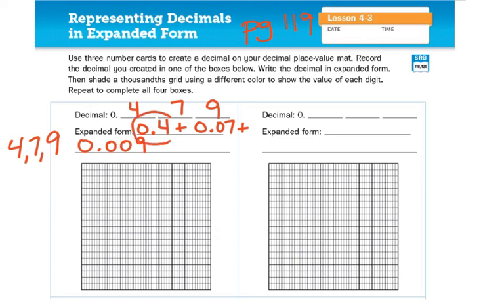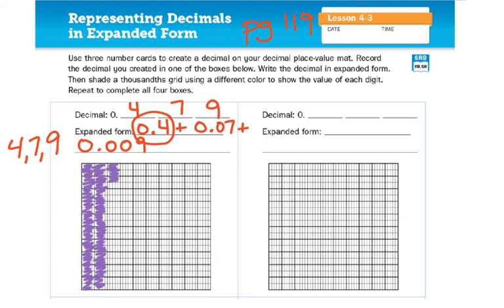So I'm going to start by representing the 4 tenths, or 400. Remember, when I read it 479, I can hear myself say the 400. Or I think of this as 10 long sections and I would shade in 4 of them.